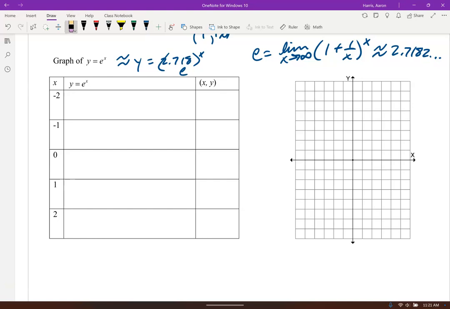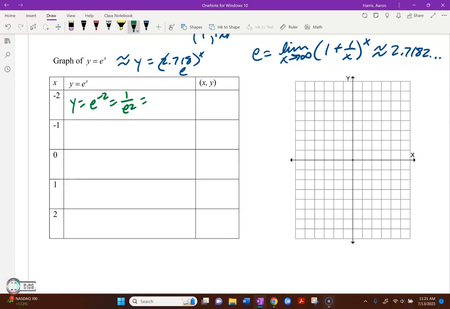And let's go ahead and let's graph this one. So let's go e to the -2, and I would pull out my scientific calculator and punch that in. So y is e to the -2, or 1/e squared. So this is 1/2.718 squared. So let's punch that in. Let's get a value for that.